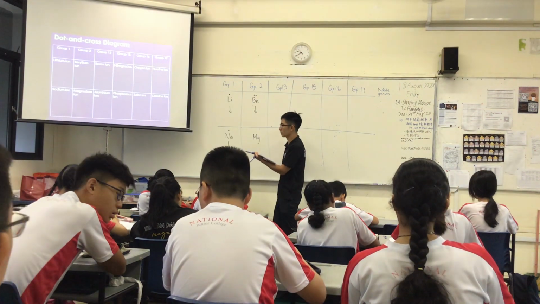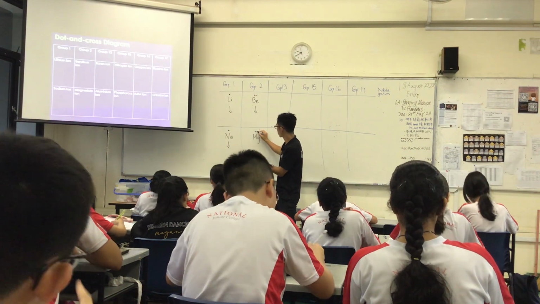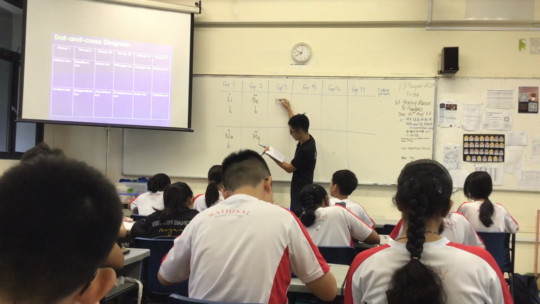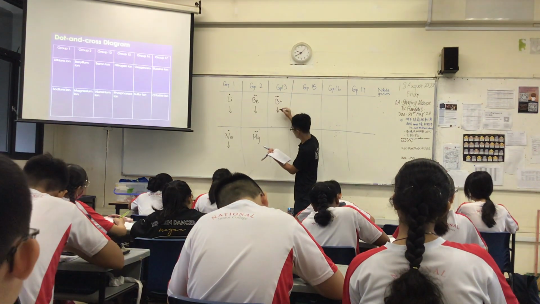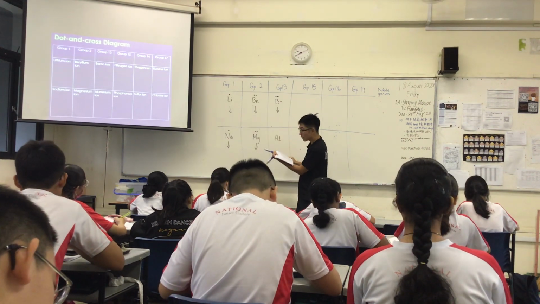So you read the question. The question will tell you whether to draw a dot and cross diagram or whether to draw Bohr's model. If you like it, you can follow me.